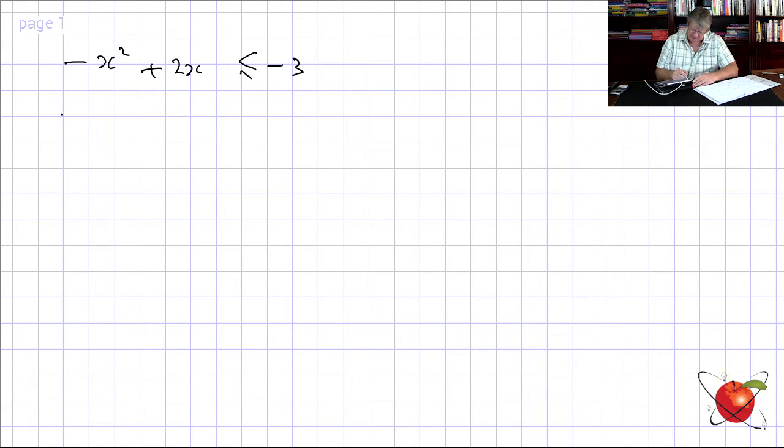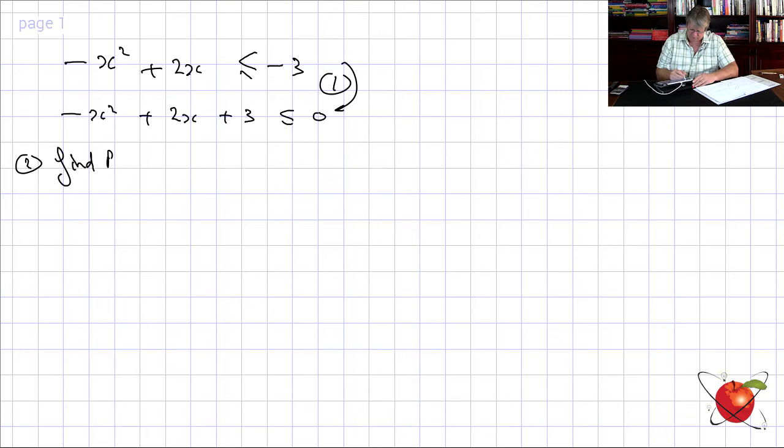So let's get that across: minus x squared plus 2x plus 3 less than or equal to 0. Now we're set. Step one is get a 0 there. Step two is find the roots. So let's put minus x squared plus 2x plus 3 equal to 0.